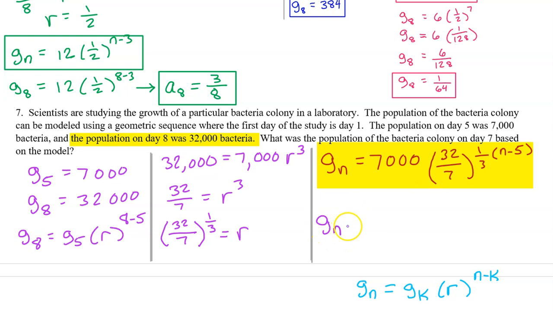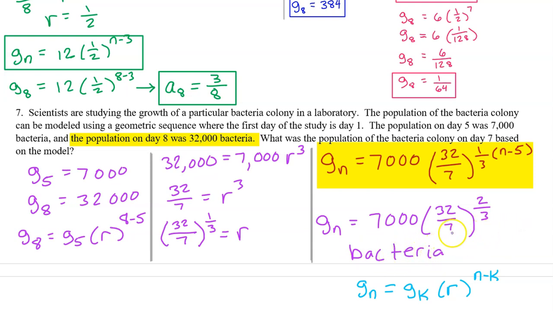So we can write Gn is equal to 7,000 times 32 over 7 to the 2/3 power. This is the population of the bacteria colony on day 7 according to the model. So if we didn't have a calculator, we could just put this, and then the units are bacteria.